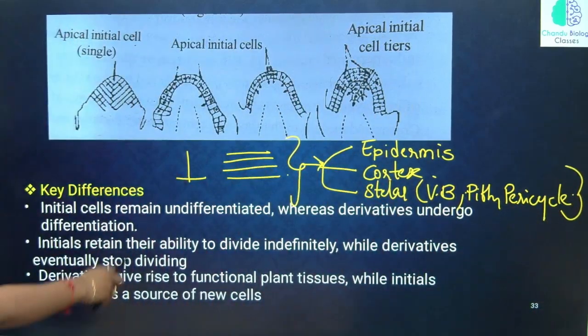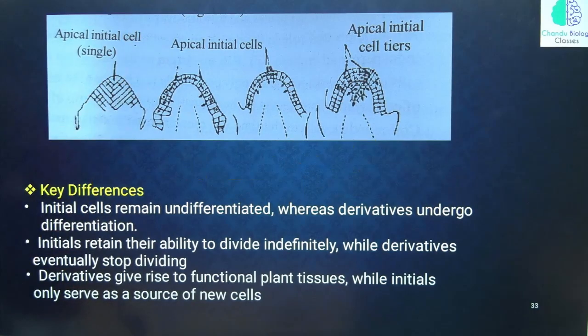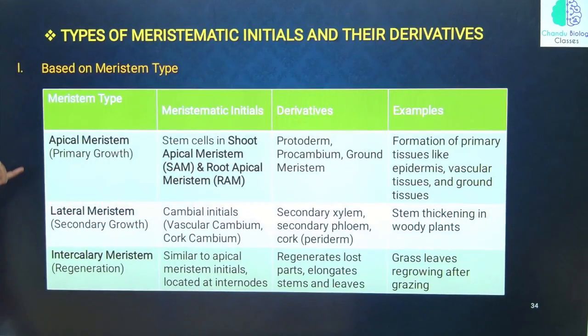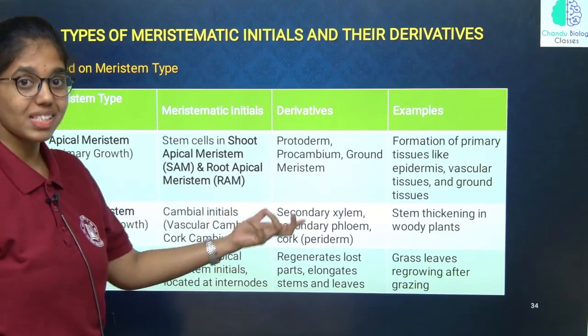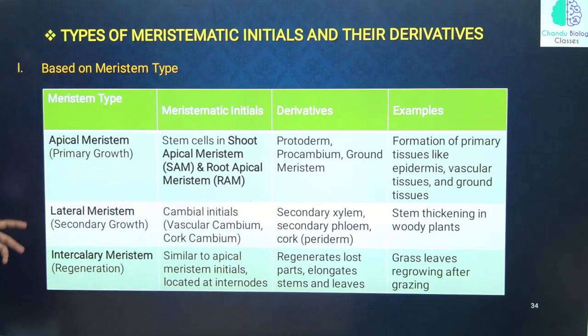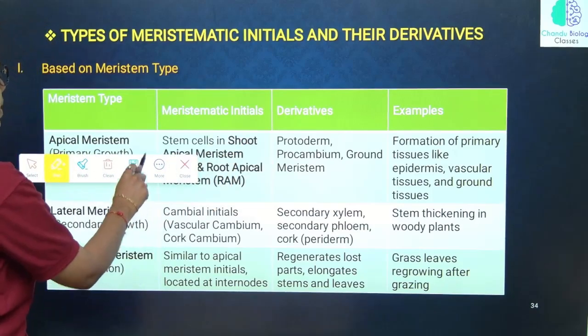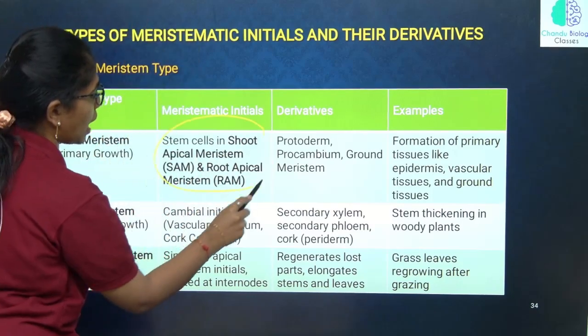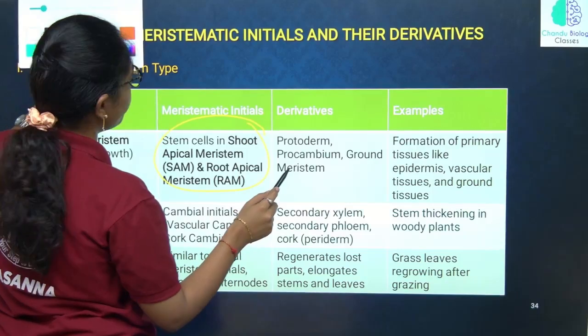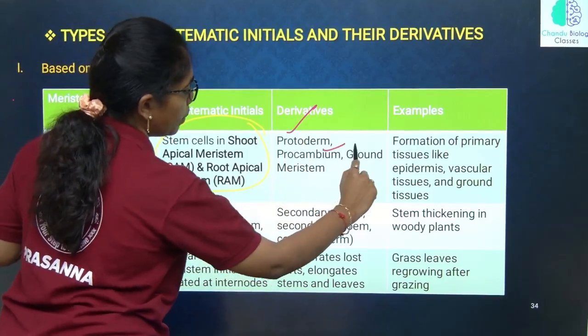Now, if we look into the types of meristematic initials and their derivatives, primarily we have apical meristem, lateral meristem and intercalary meristem. The derivatives from the shoot apical and root apical meristematic initial cells are protoderm, procambium and ground meristem.